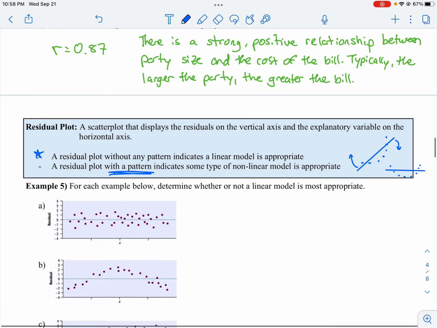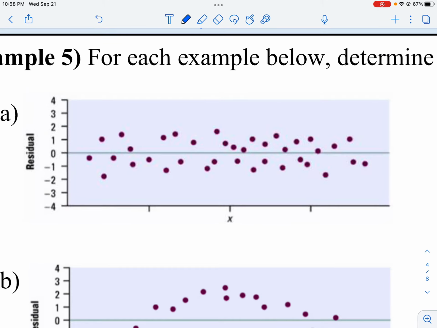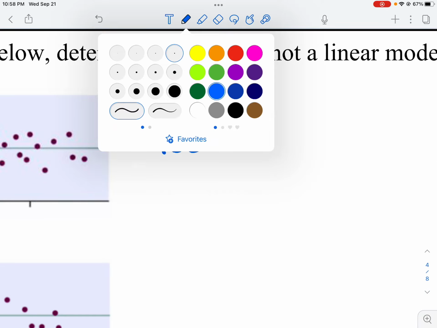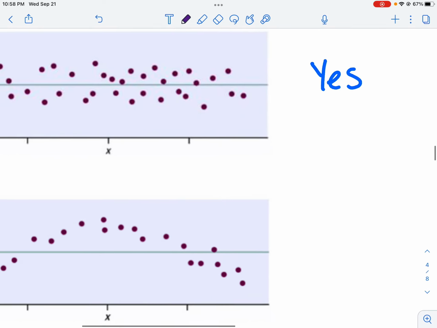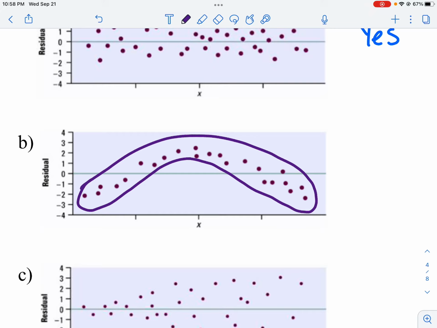So, to answer some basic questions, for each example below, determine whether or not a linear model is appropriate. Well, when I look at this one here, I can see that there's really no pattern in the data, right? We're pretty evenly distributed above and below. So yeah, a linear model is appropriate for this. However, here, I can see that curved pattern.